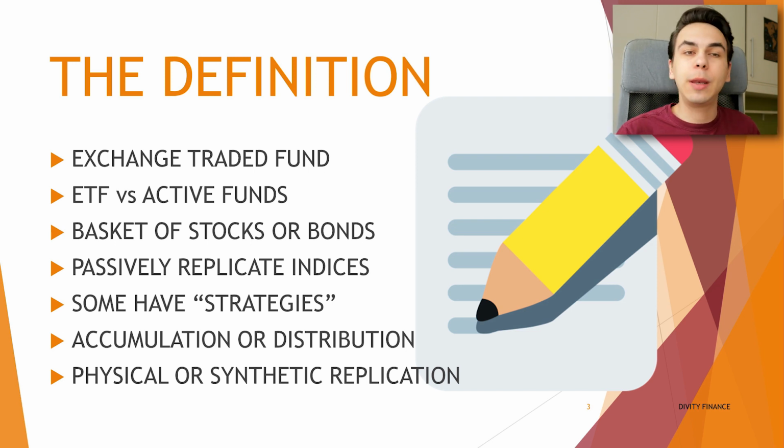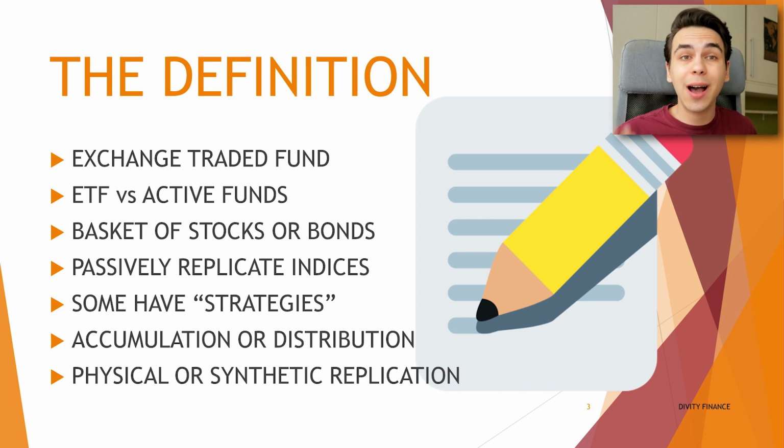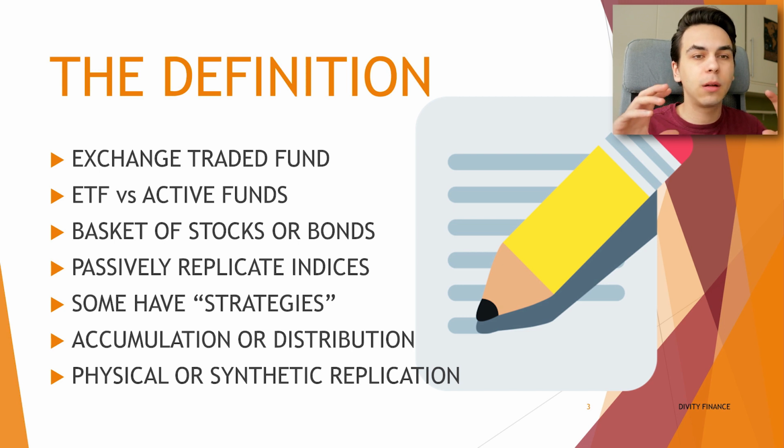What is the difference between ETFs and actively managed funds? Actively managed funds are actively managed because they try to give you a return which is higher than their benchmark. So let me talk a little bit about the benchmark first, because benchmarks normally are indices or a composition of indices. Let's say that they are an index.